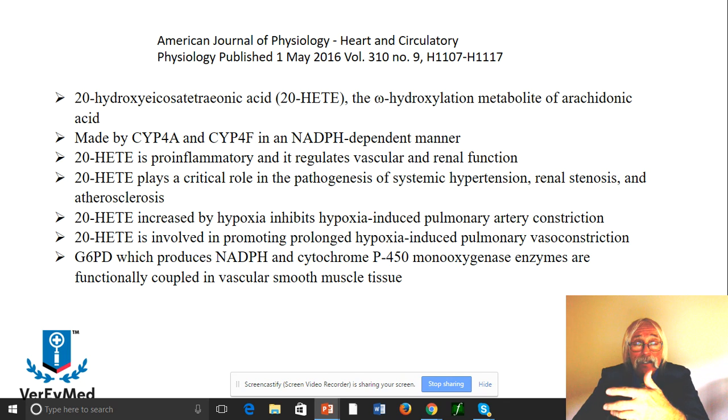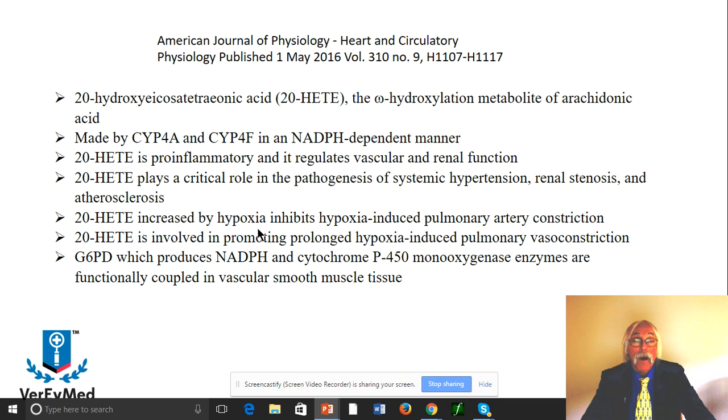Remember that these are necessary for normal physiology. So 20-HETE plays a critical role in the pathogenesis of systemic hypertension. Wow. Renal stenosis, another bad pathology. And if that's not enough, atherosclerosis, okay? Lots of pathologies associated with one hydroxyeicosatetraenoic fatty acid, okay?